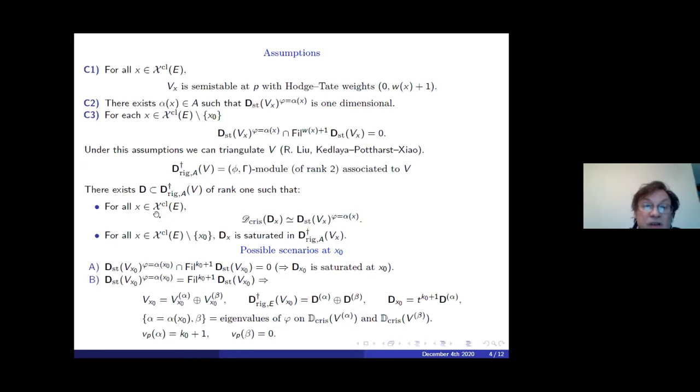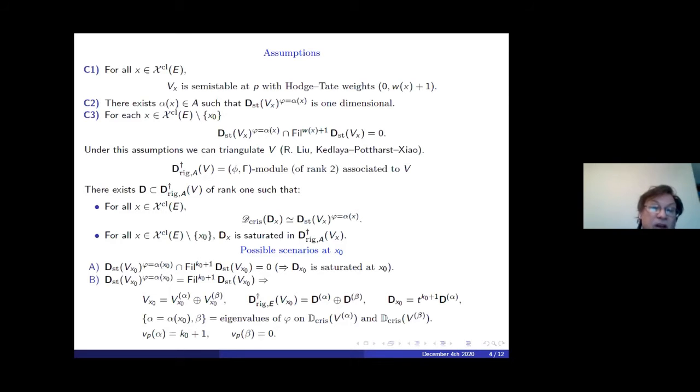At classical points, the specialization of D at x satisfies this property: the crystalline module of Dx is exactly this Frobenius eigenspace of the semi-stable module of Vx.